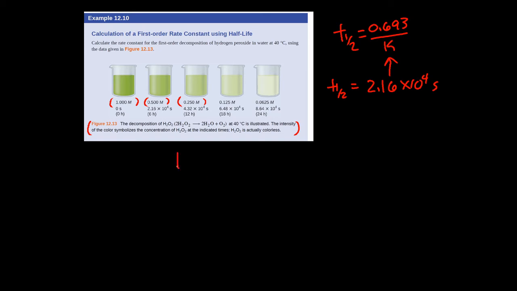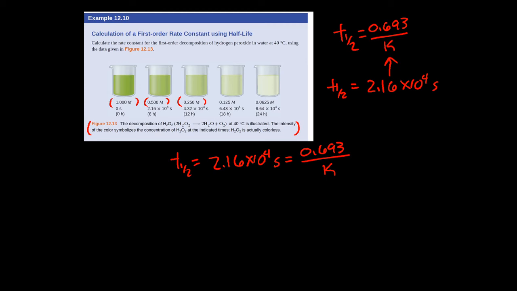So if we go ahead and plug in our half-life, say that is equal to 0.693 over k. We're going to need to do a little bit of algebra here. We'll multiply both sides by k, divide both sides by 2.16 times 10 to the 4.